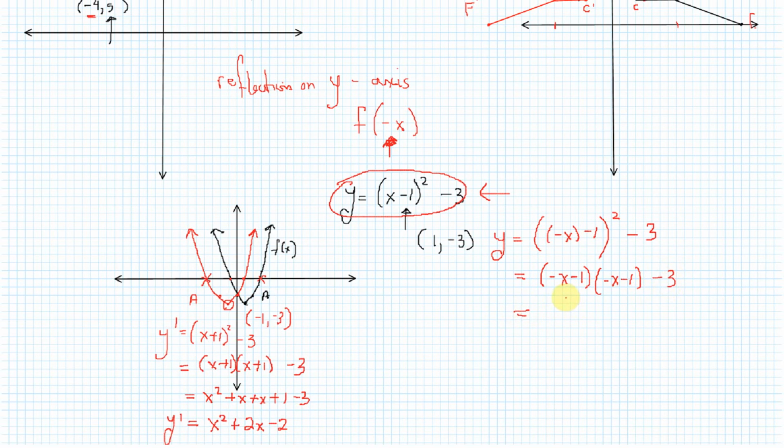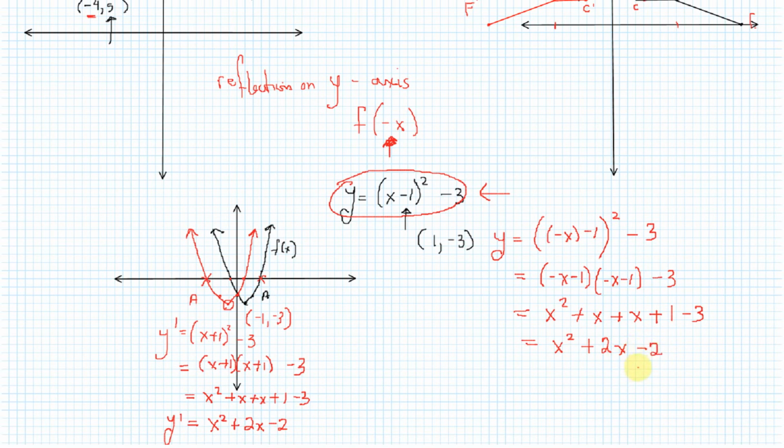When I use FOIL, that's negative x times negative x, which gives me x squared. Then I have negative x times negative 1, which gives me positive x. Again, negative x minus 1, which gives me positive x. Negative 1 times negative 1, positive 1 minus 3. When we simplify this, we end up with x squared plus 2x minus 2.